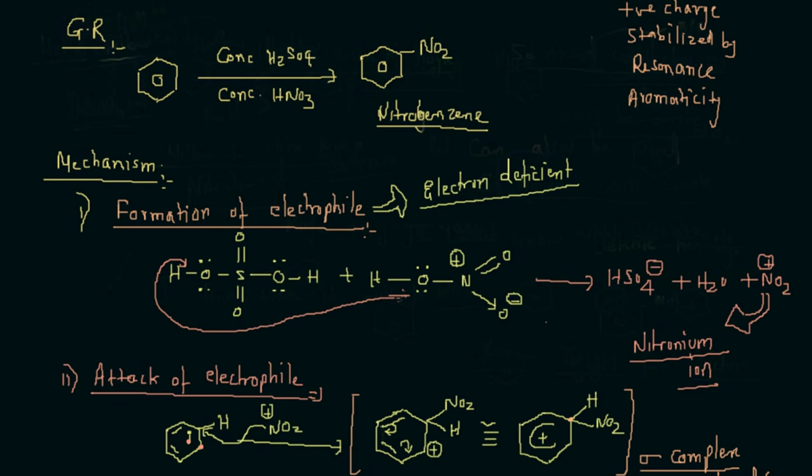In order to gain the aromaticity, it can lose the proton very easily. So this is the important point with respect to the intermediate. We'll move towards the third step, that is the removal of proton. So let's proceed towards that. Our third step is removal of proton.